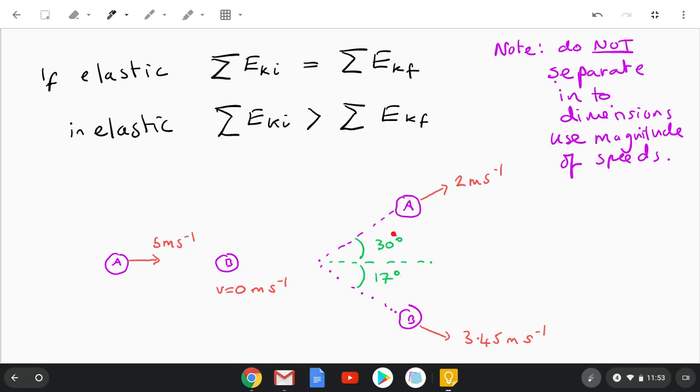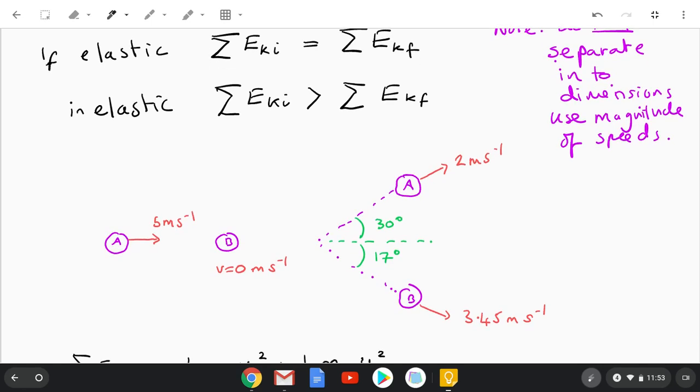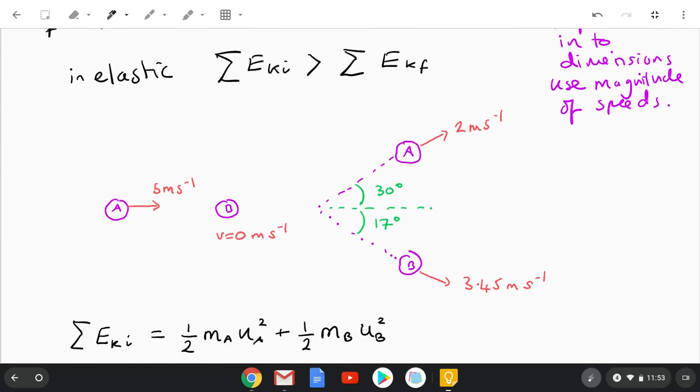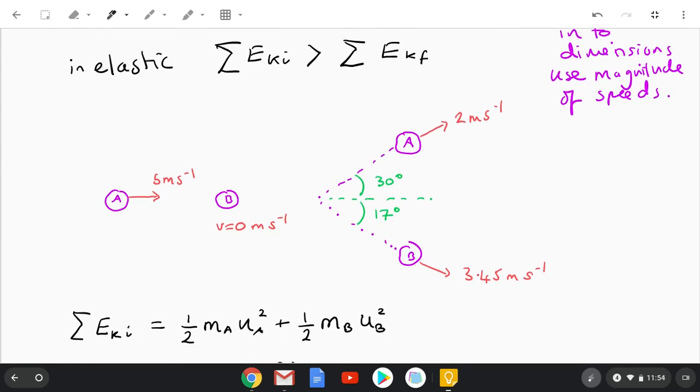We found this angle of 17, and this angle of 30. We know that this puck originally was not moving, and this puck was moving to the right with 5 meters per second. So we do not look at dimensions when we are looking at conservation of kinetic energy and whether it's elastic or inelastic. So let's work out the total kinetic energy before.